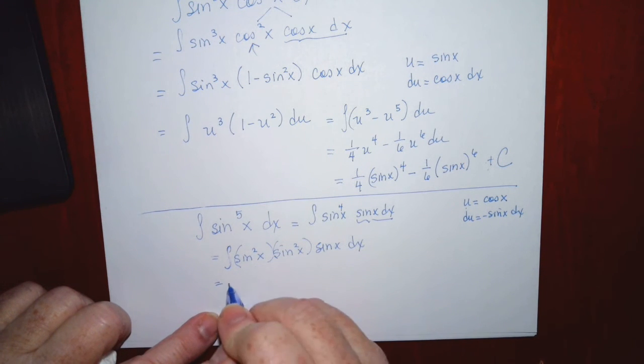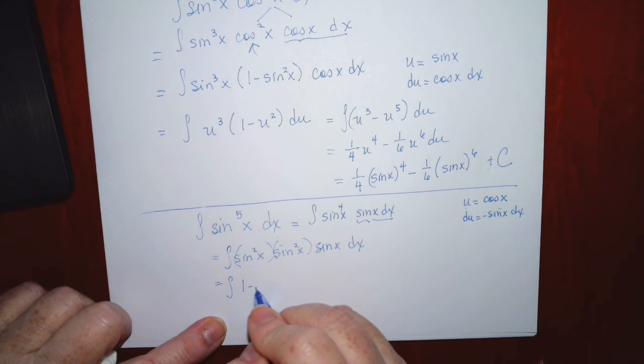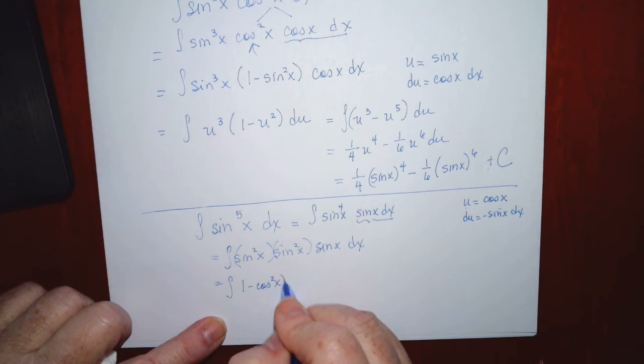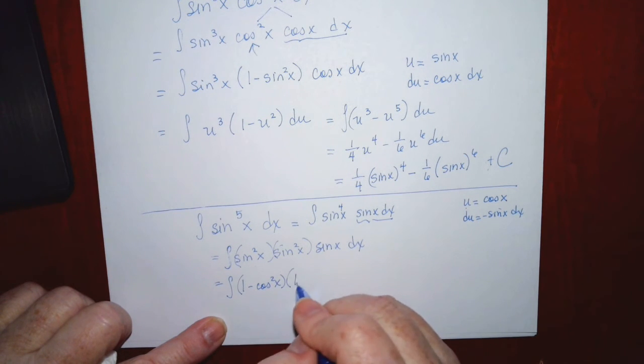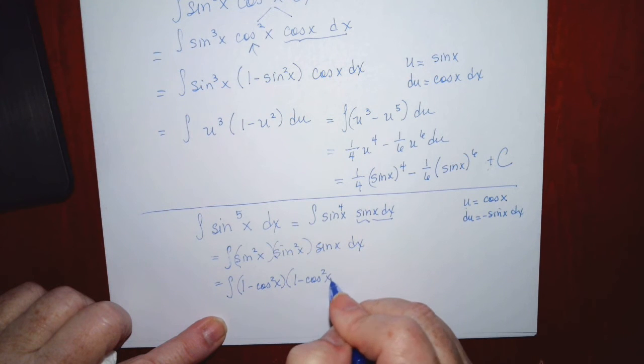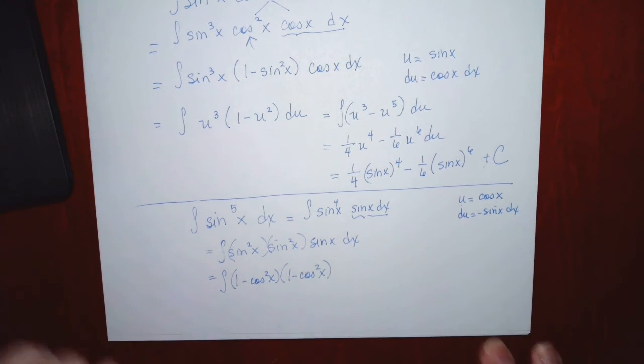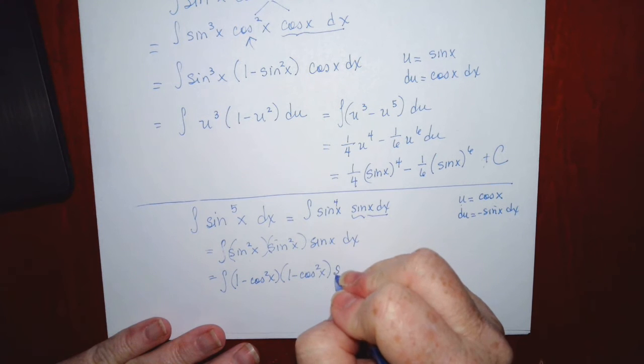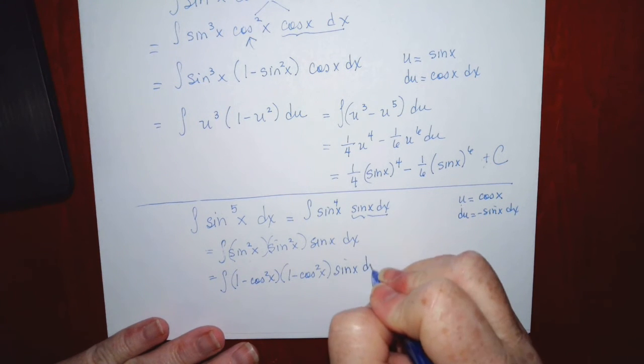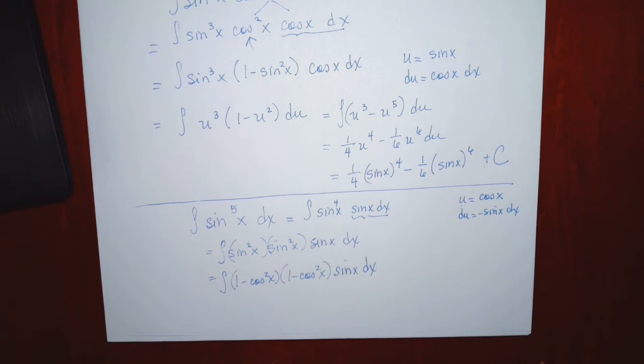Sine squared x is 1 minus cosine squared x. So I'll have 1 minus cosine squared x times 1 minus cosine squared x times sine x dx. There's just no getting away from the trig identities. There really isn't.